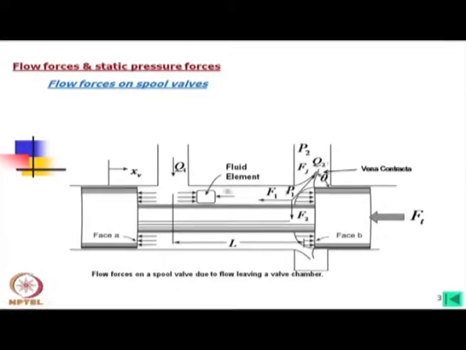Let us consider the null position to be where the right side port is just closed, and from there we give a stroke x v in the rightward direction. Here I have assigned a force controlling the spool, but it does not really have to act in the shown direction. It might be opposite also. Why is it like that?